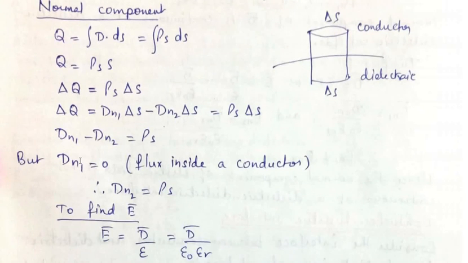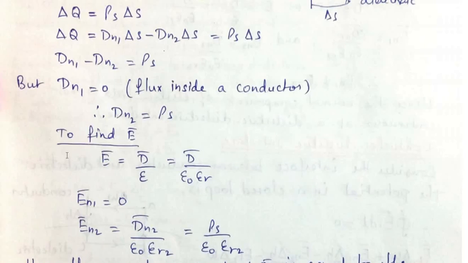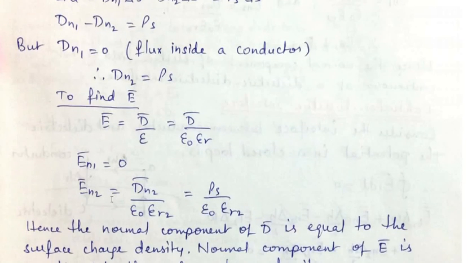Here we have considered the conductor as material 1 or medium 1, but Dn1 is equal to 0 because there is no flux inside a conductor. So put 0 in place of Dn1, and we get Dn2 is equal to rho s. Next we need to solve for the normal components of E by using the relation between D and E. E is equal to D by epsilon, but En1 is equal to 0.